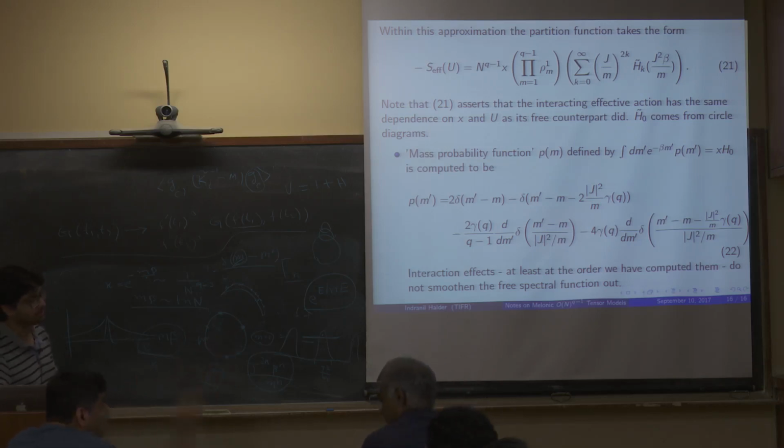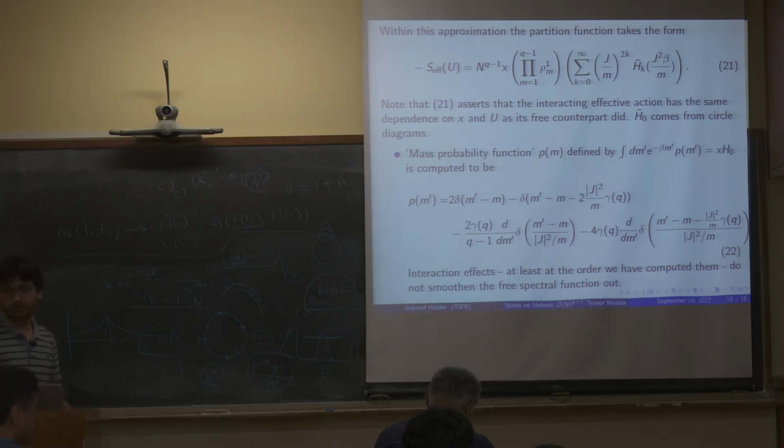So there we have to do all orders. It wasn't totally clear, even though J over M is small, J times beta is large. Yes. So this is a result of summing an infinite number of graphs. And the fact that the delta function changes to just a couple of delta functions is a very particular property of the answer. We haven't carefully thought about what would have happened had it been something else.